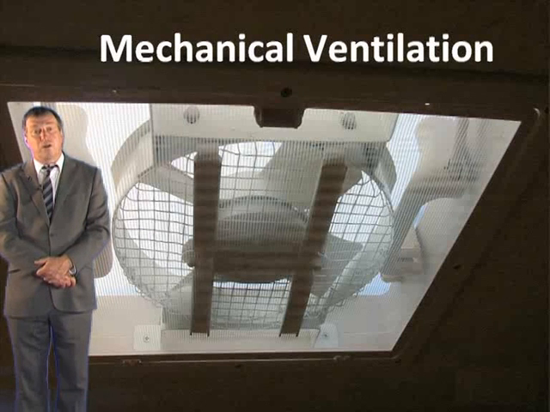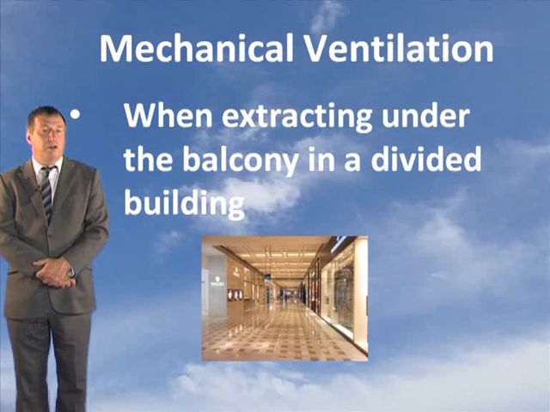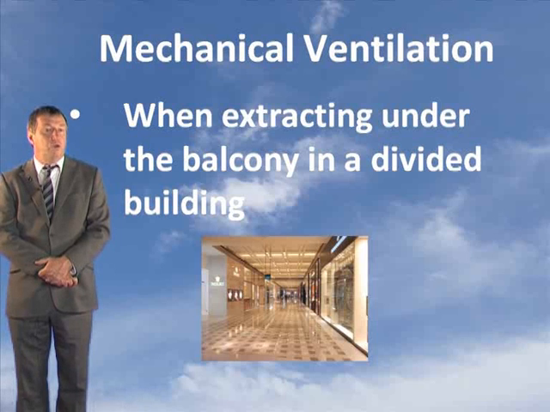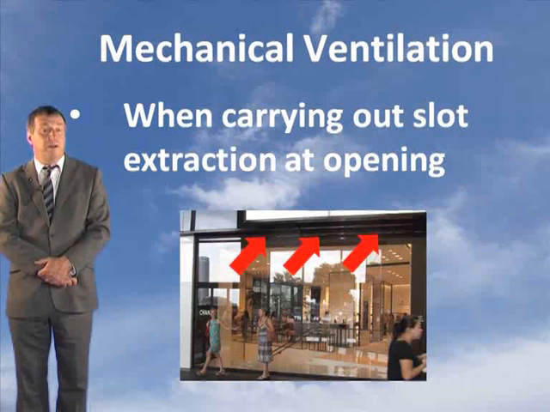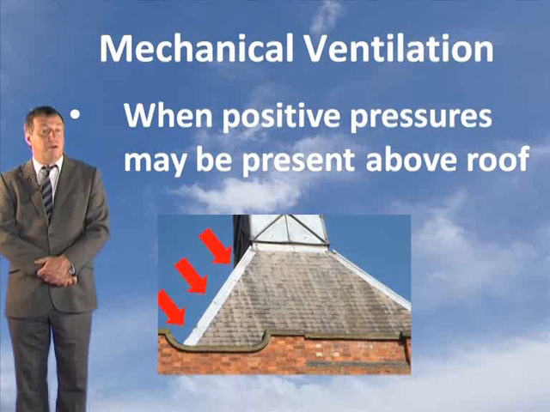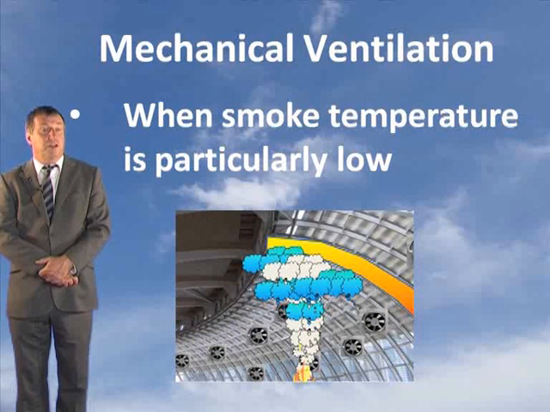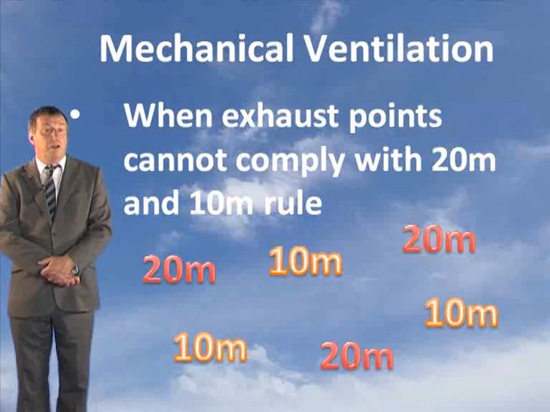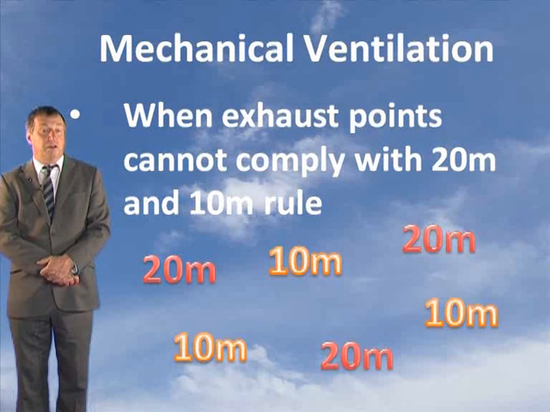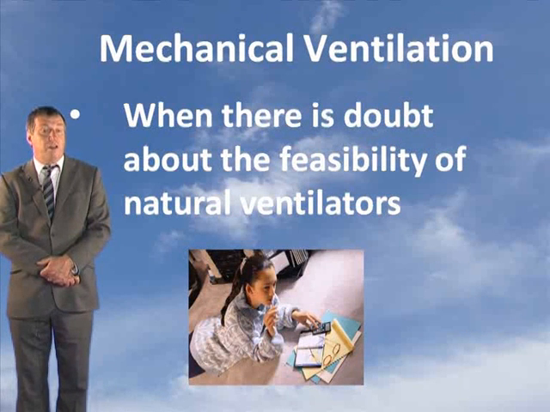The circumstances where mechanical ventilation is likely to be required are as follows. 1, when extracting under the balcony in a divided building. 2, when carrying out slot extraction at an opening. 3, when positive pressures might be present above a roof. 4, where the exhaust points are higher than Z max, the highest height that we can expect smoke to attain. 5, when the smoke temperature is particularly low. 6, where the exhaust points cannot comply with the 20-metre/10-metre rule for ventilator spacing. 7, where there is doubt about the feasibility of natural ventilation.